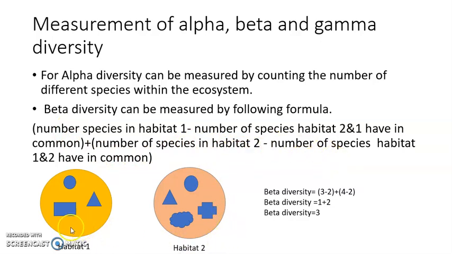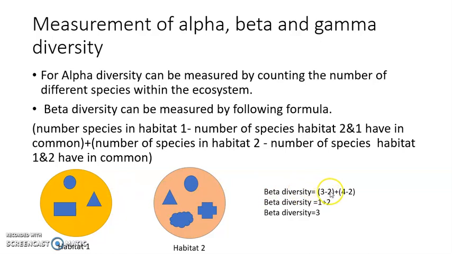If we talk about the beta diversity of these two habitats and apply the same formula, I have just solved the problem here. The species richness of habitat 1 is 3, so 3 minus 2, because both of these regions have two species in common.